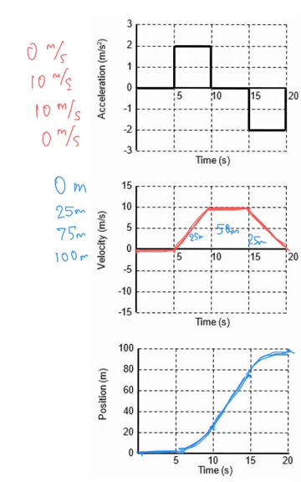And for part D, suppose instead of representing the motion of an elevator, the acceleration versus time graph shown represents the motion of a ball on a track. So let's draw a track that would generate the same type of graph. We have 0 acceleration for the first 5 seconds.